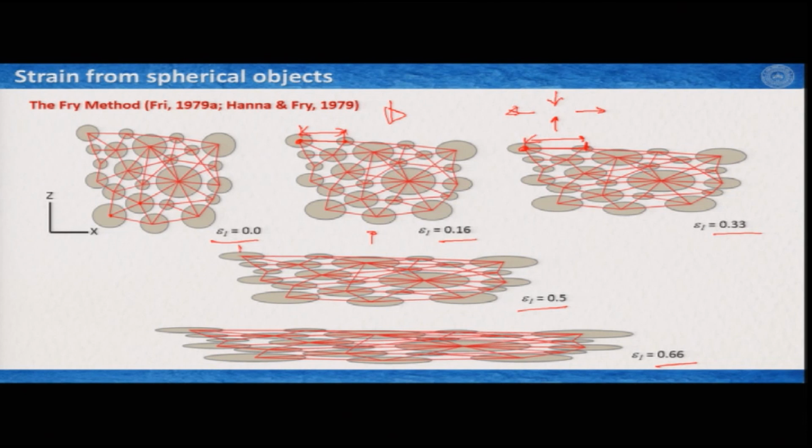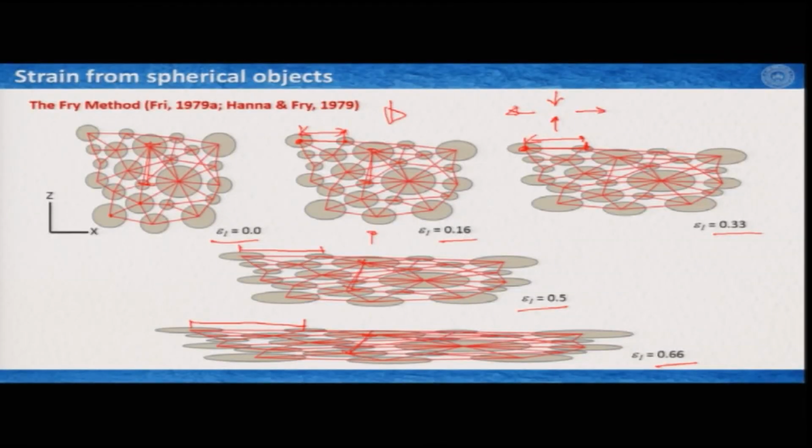Here and here it has increased to this amount. If we see the vertical distances, for example here, this distance is also decreasing with progressive deformation, and that is the principle of the Frye method: in the horizontal direction all the centers would move horizontally and tend to stretch.